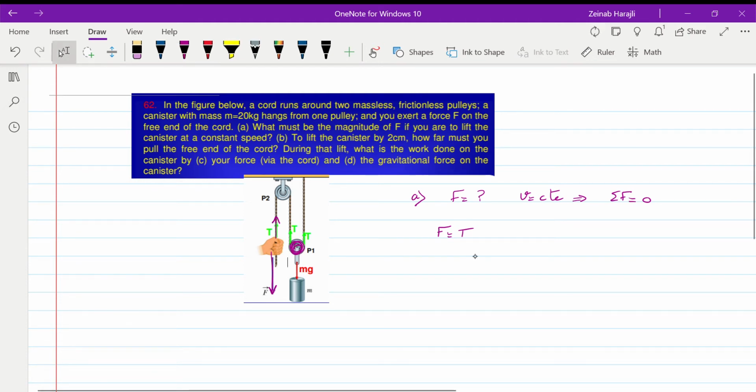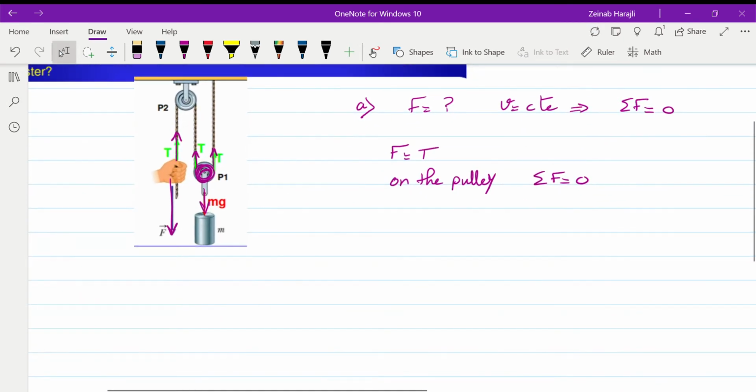So we can see that we have two tension forces which are upwards and the weight which is downwards. And we can see that all the tensions here are equal because they are all across massless pulleys. So for the pulley, the sum of forces is also zero, and the forces that we have here are two tension forces minus the weight, which tells us that 2T equals m times g.